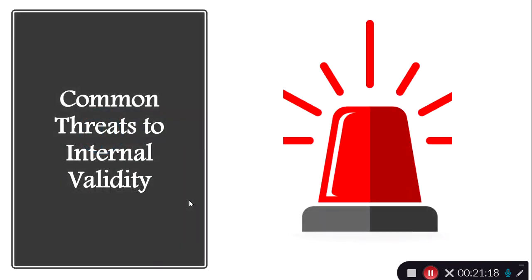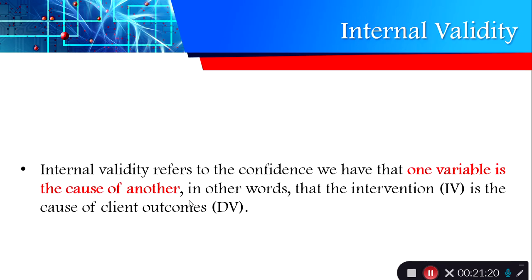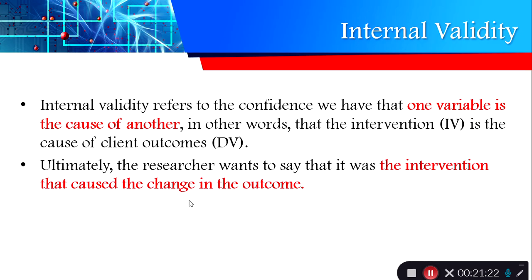So now let's talk about common threats to internal validity. Essentially, internal validity refers to the confidence we have that one variable is the cause of another. In other words, the intervention is the cause of client outcomes.